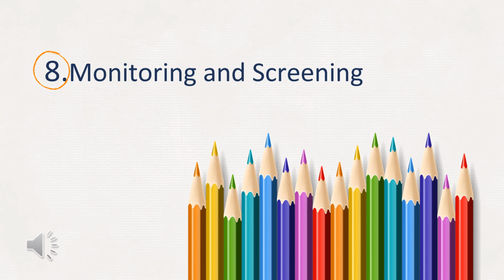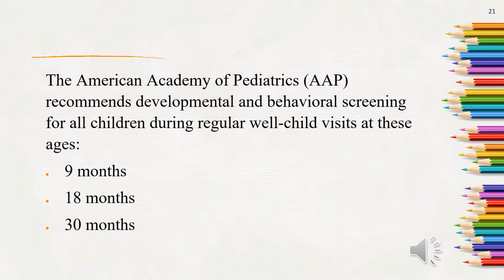Now let's take a look at the monitoring and screening for autism spectrum disorder. The American Academy of Pediatrics, AAP, recommends developmental and behavioral screenings for all children during regular well-child visits at the ages of 9 months, 18 months, and 30 months.